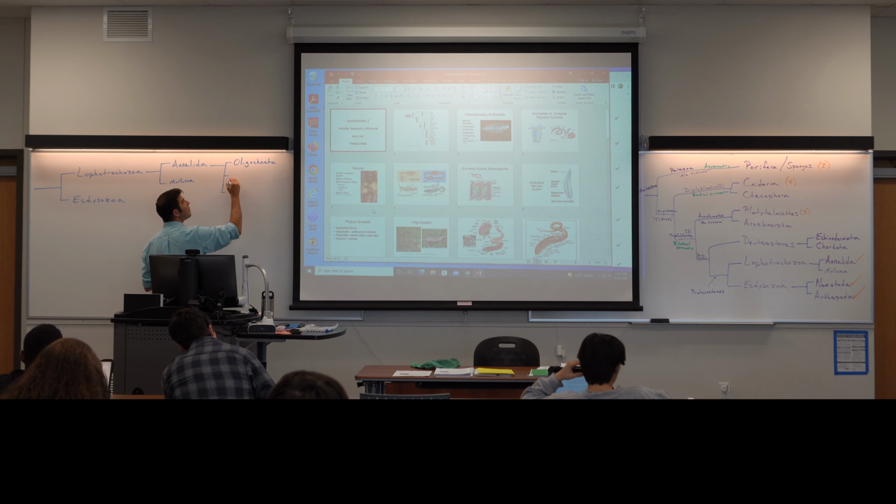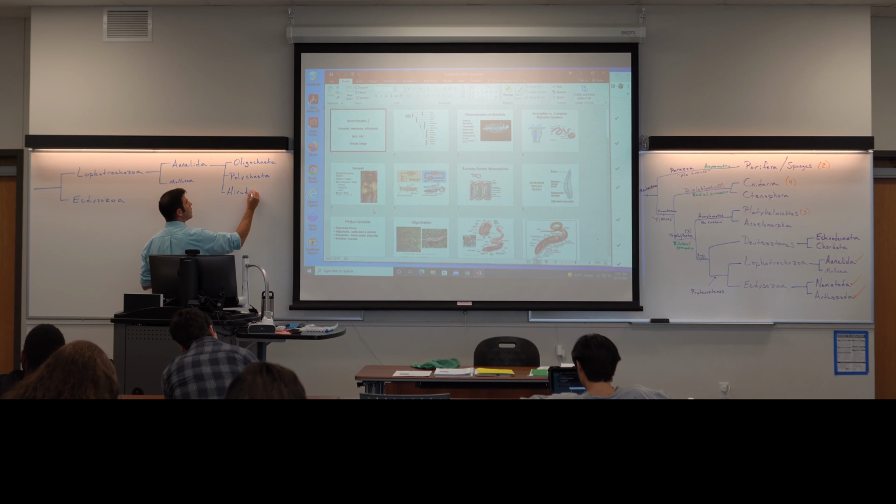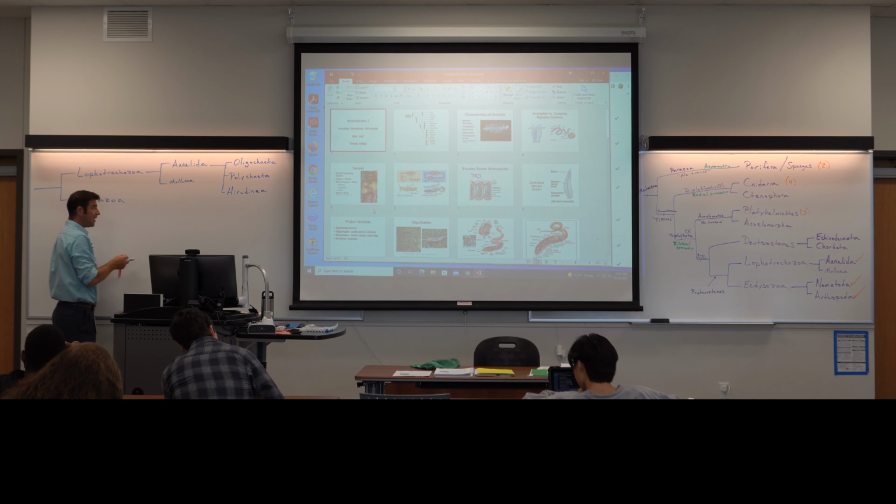So oligochaetes, polychaetes, that's an A. And the last one is called Hirudinea. Three classes of segmented worms.